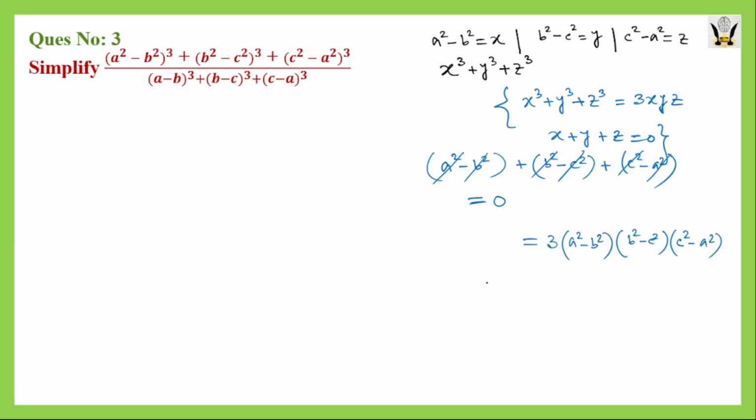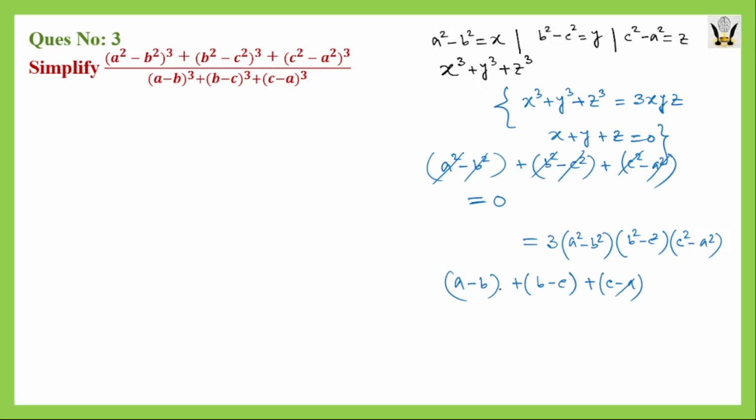And similarly in the denominator also we have the same format, x cube plus y cube plus z cube. Here a minus b will be our new x, b minus c will be new y, and c minus a will be new z. So now if we evaluate x plus y plus z, then it will be a minus b plus b minus c, and then plus c minus a.